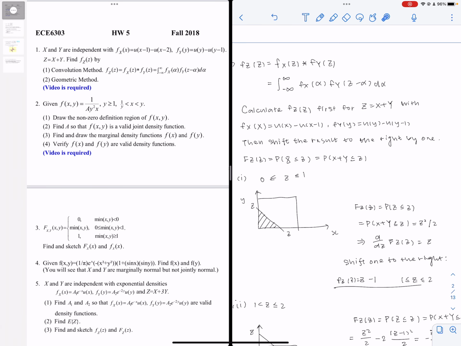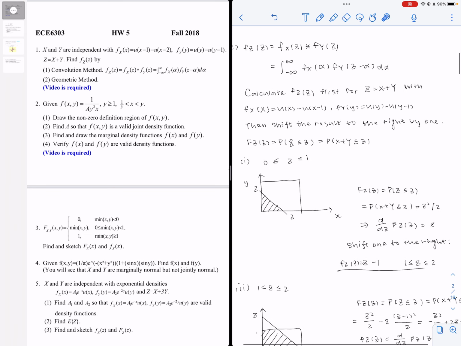And in the clue, in the document that we're given, it says that we can calculate the density function of z first for z equals x plus y, with density function of x being u of x minus u of x minus 1, density function of y equals u of y minus u of y minus 1, and then shift the result to the right by 1.